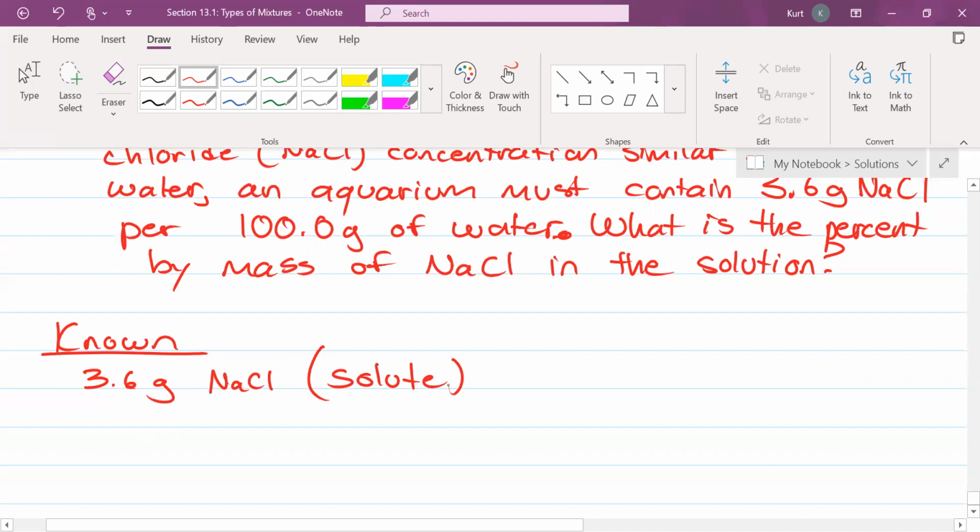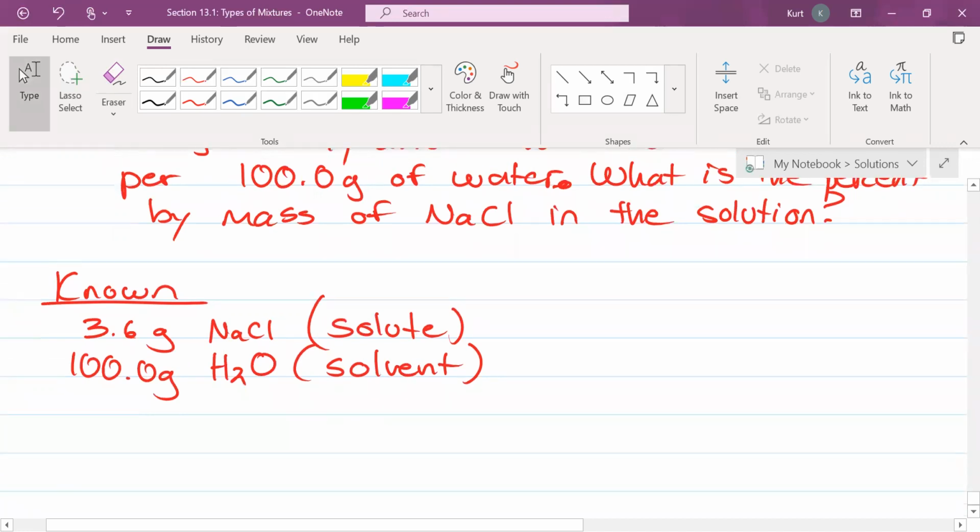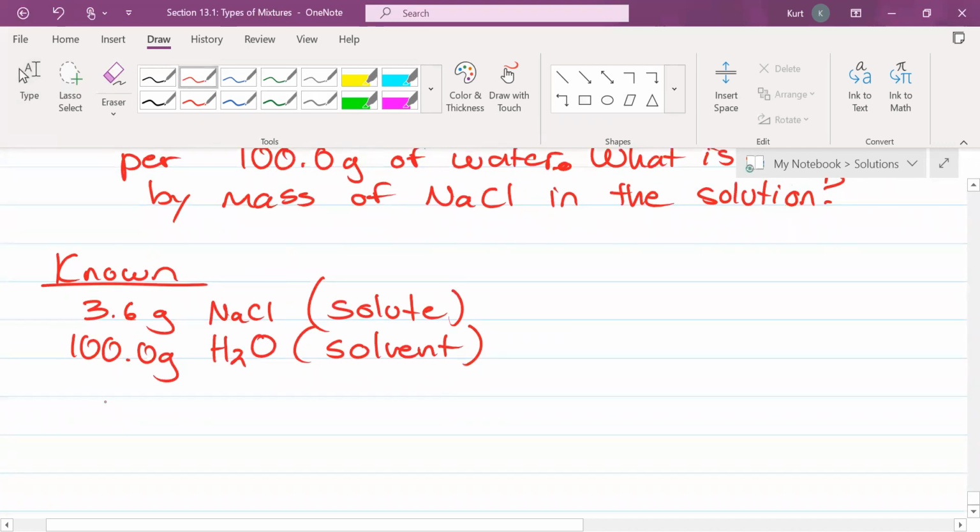And what else? Is that my solute or my solvent? What do you get when you combine a solute with a solvent? Okay. So we need to know our unknown, which is what is the percent by mass of the solute.